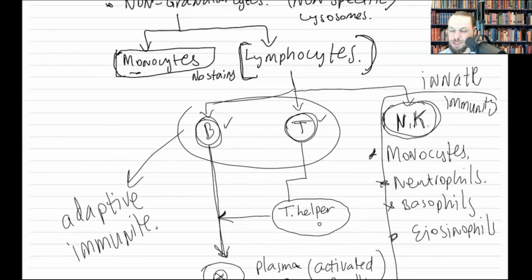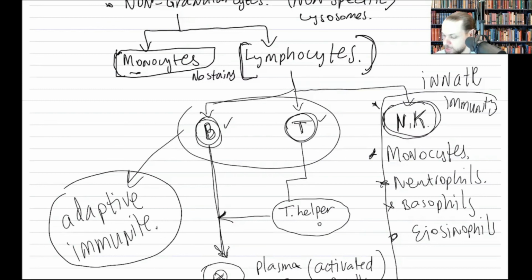And if the infection is ongoing and is not being taken care of by the innate immunity, then adaptive immunity or specific immunity is activated, which is made up of B cells and T cells, or B lymphocytes and T lymphocytes.